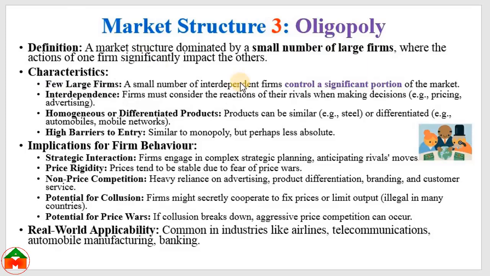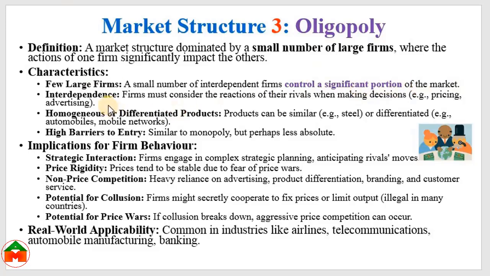Now we can see the third structure of market, which is oligopoly. In the oligopoly market, there are a small number of large firms which control the market. That means there are a few large firms which control a significant portion of the market.